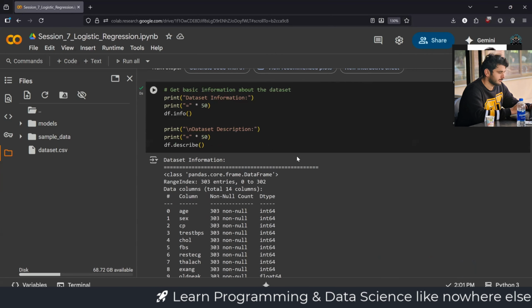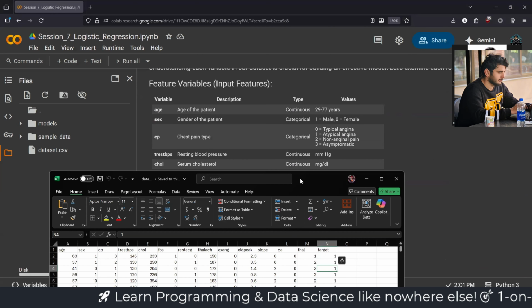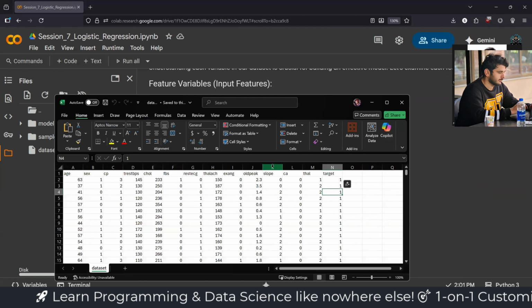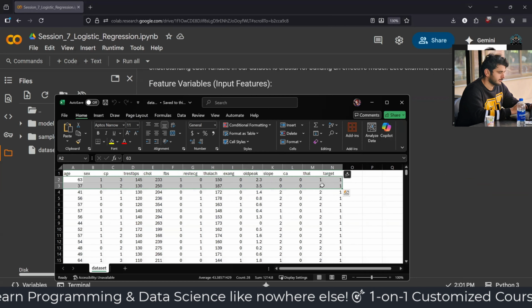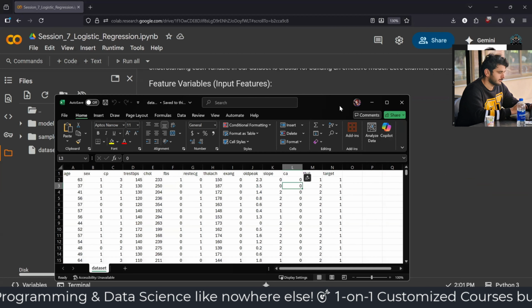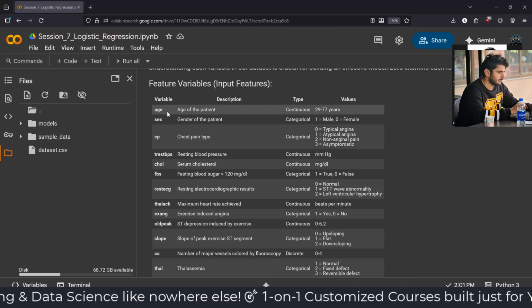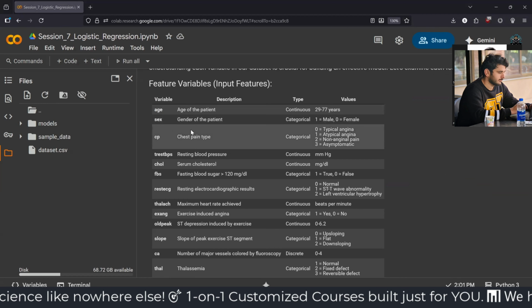As we talked about earlier, whenever we're working on something, we must have the domain knowledge of what we are really dealing with here. In this case study, we are going to deal with a heart disease dataset, and we have different columns. First, we need to know what they represent. We have the age column that represents the age of the patient, and gender.